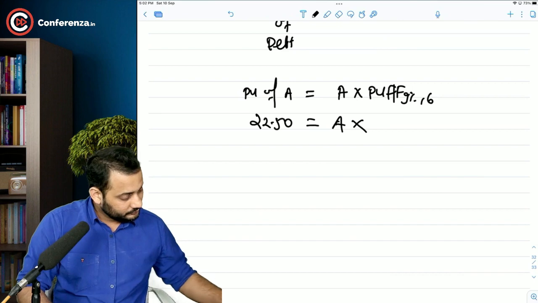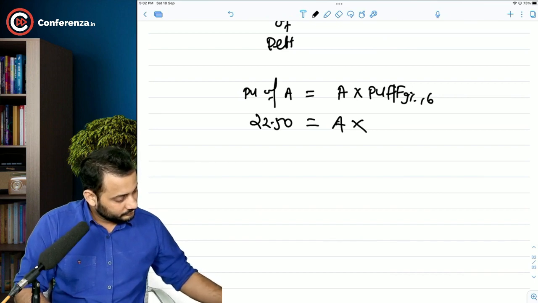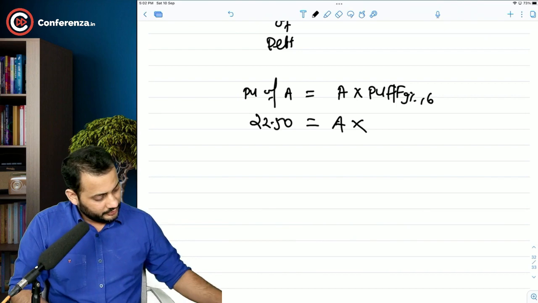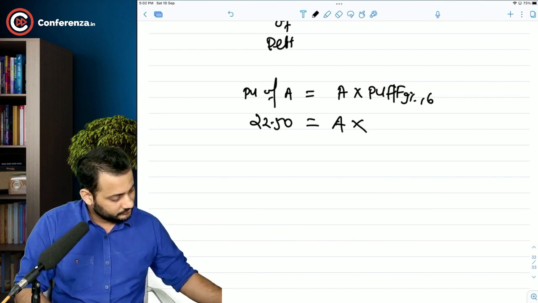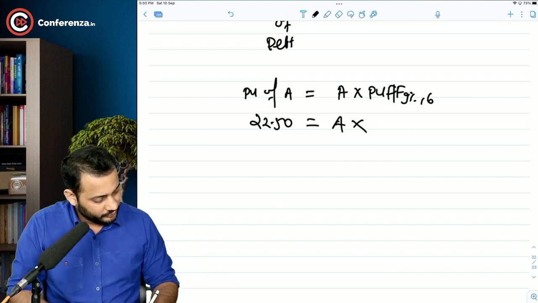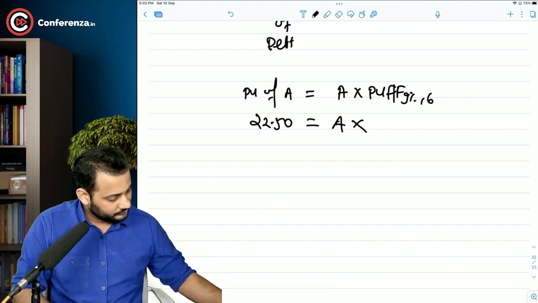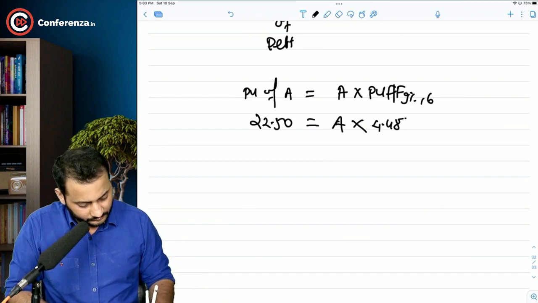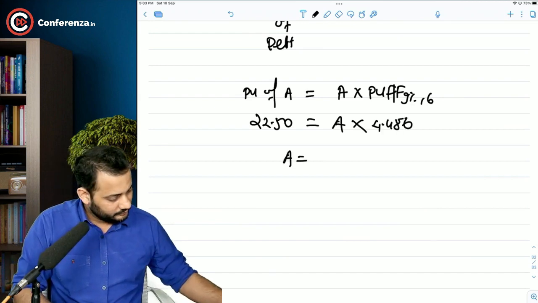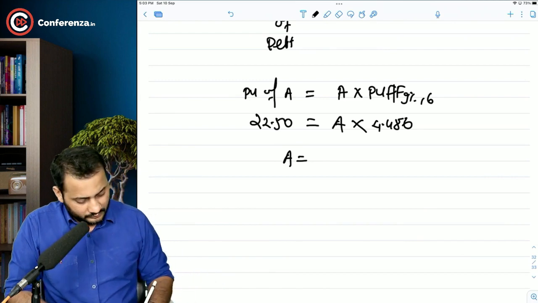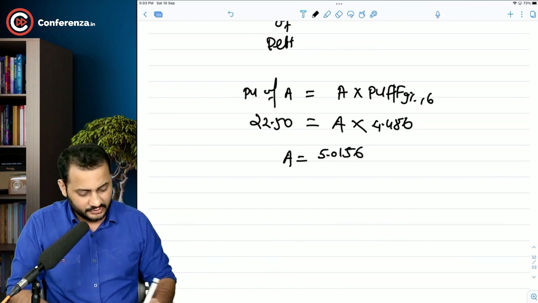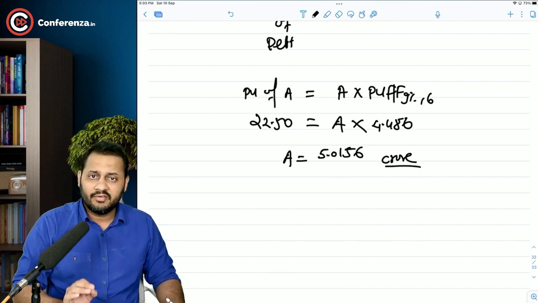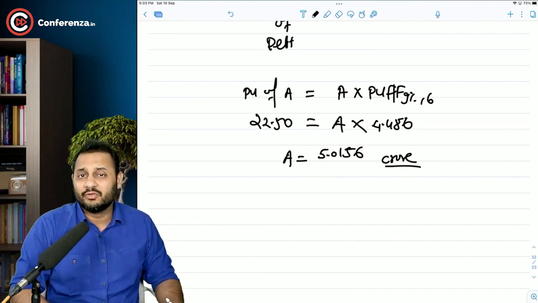The factor for 9% and 6 years is 4.486. So the annuity will be 5.0156 crore.